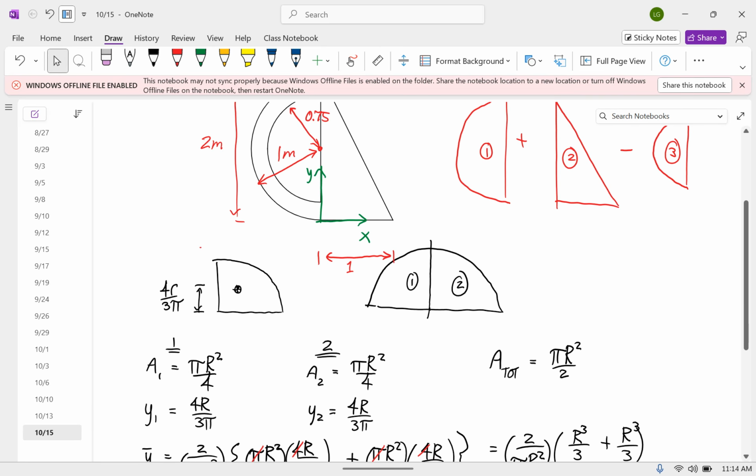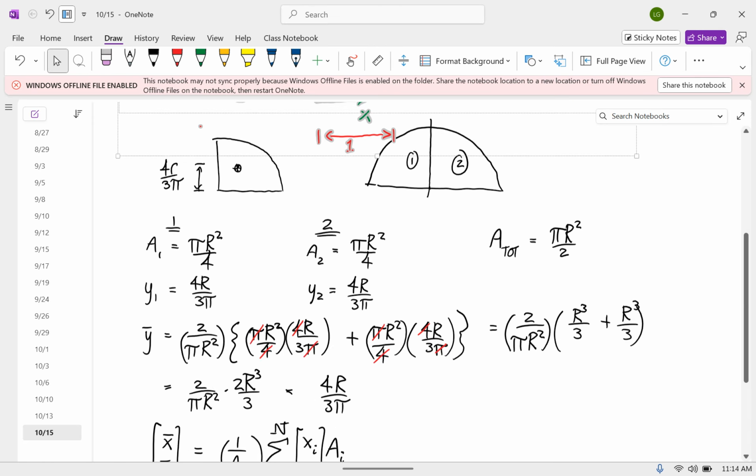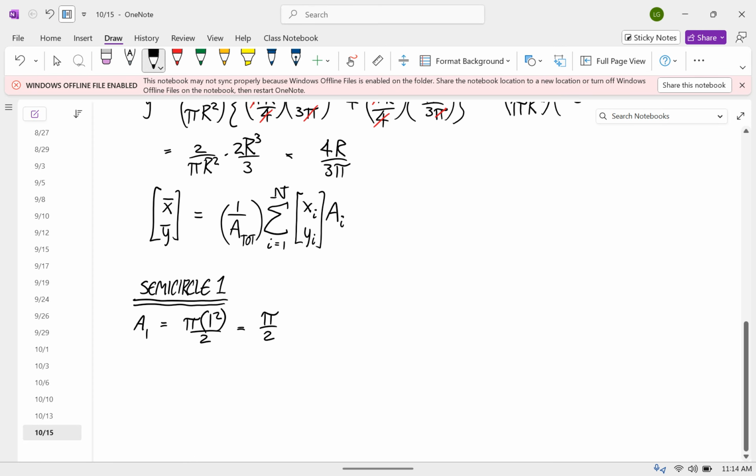And in that green coordinate system, the x centroid location is going to be negative 4r over 3 pi.